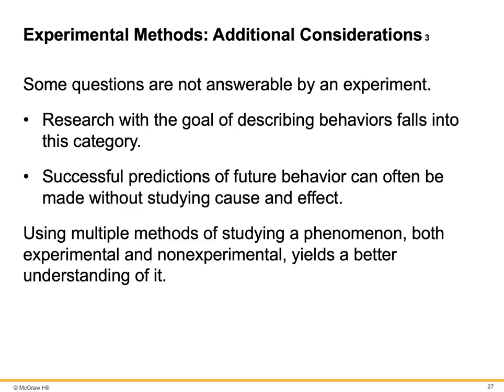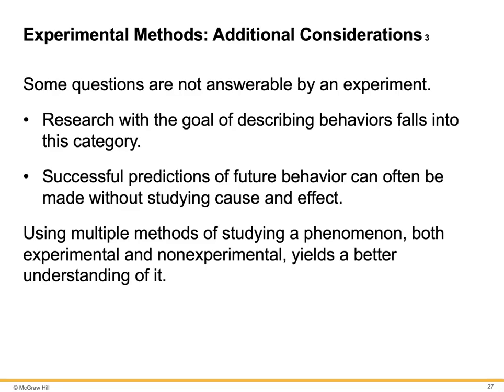A major goal of science is to provide an accurate description of events. That's the goal of much research, to describe behavior. In those cases, causal inferences are not relevant to the primary goals of the research. A classic example of descriptive research in psychology comes from the work of John Piaget, who observed the behavior of his own children as they matured.